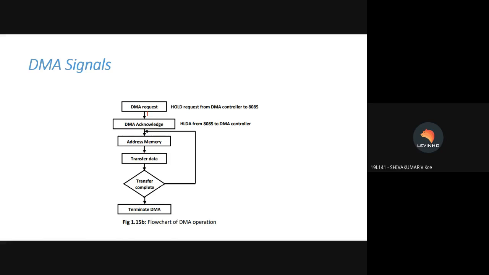Only after the transfer is complete, it will terminate the DMA. Till this time, who is master and who is slave? See, during DMA operation, which one is going to be master and which one is going to be slave?